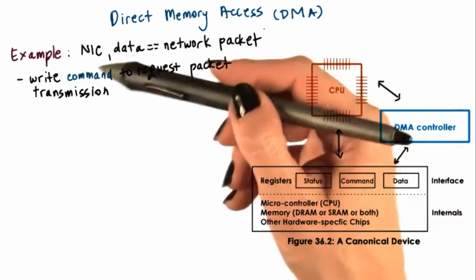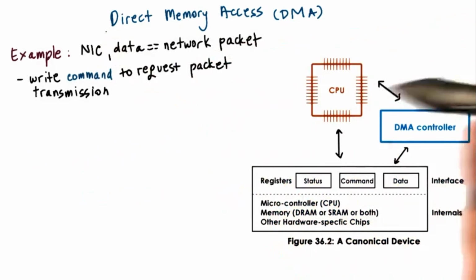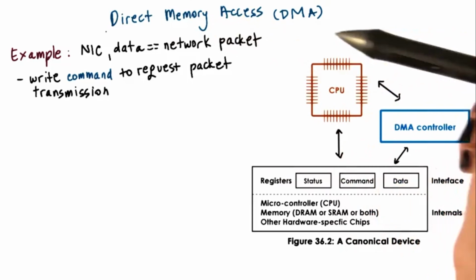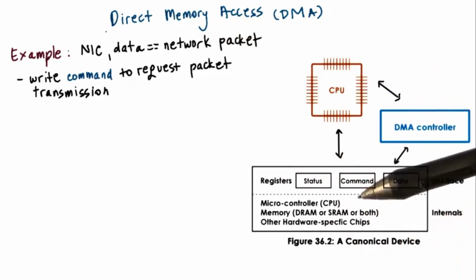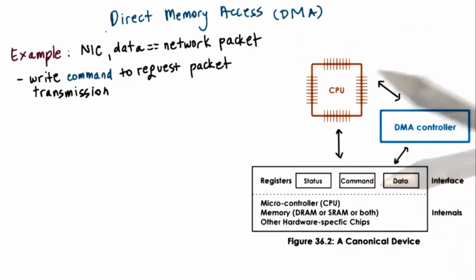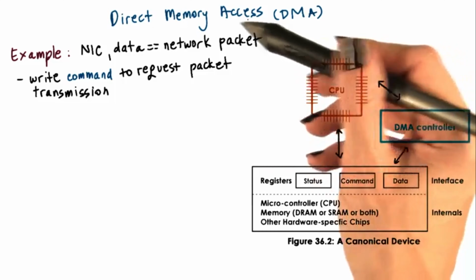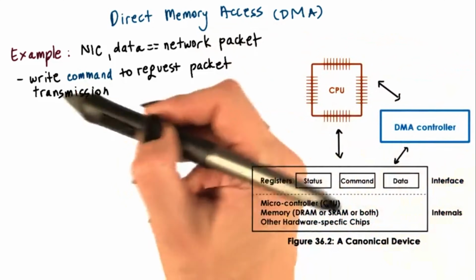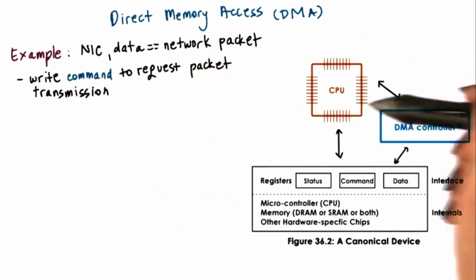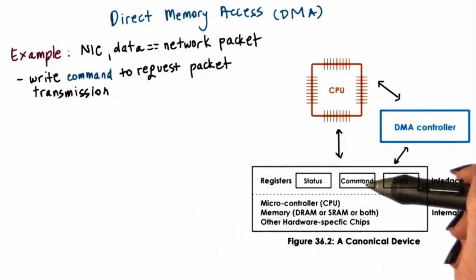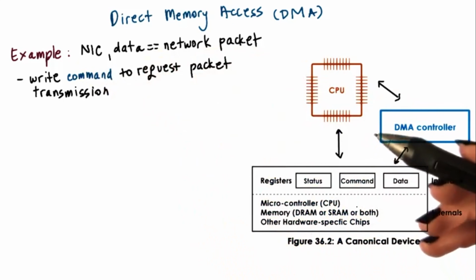Let's look again at the network interface card, the NIC example, to illustrate how exactly DMA-based CPU-device interactions are carried out. Again, the data that needs to be moved from the CPU to the device is already formed as a network packet. The very first step requires that the CPU writes a command into the device command register to request the packet transmission.